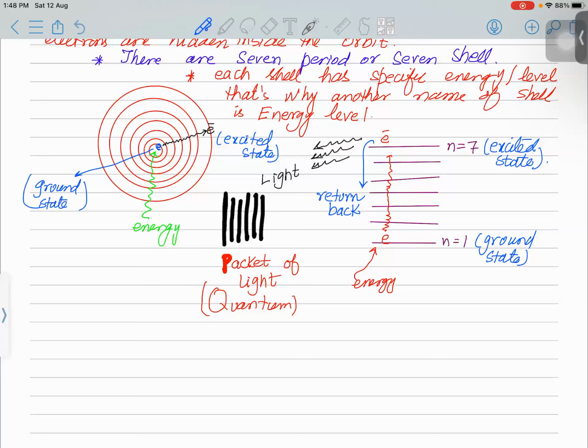So I would like to write all this. Electron stays in normal energy level.